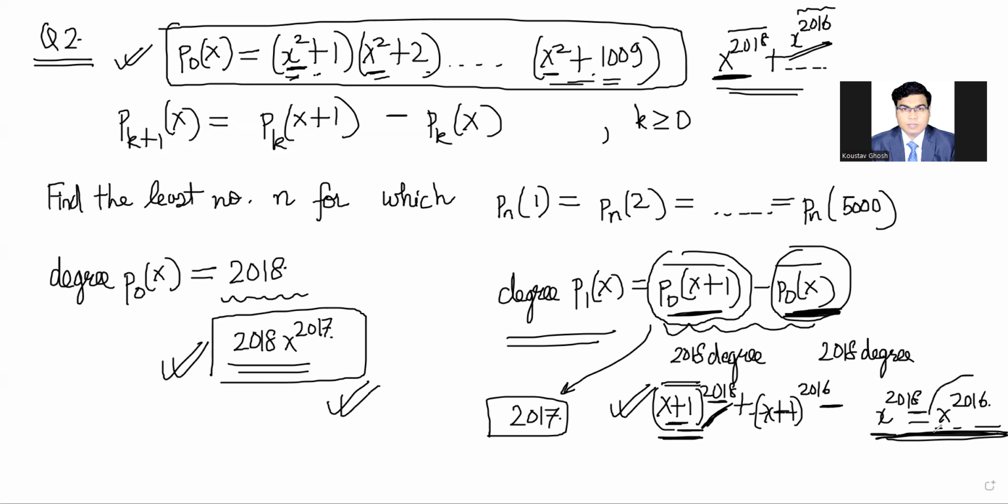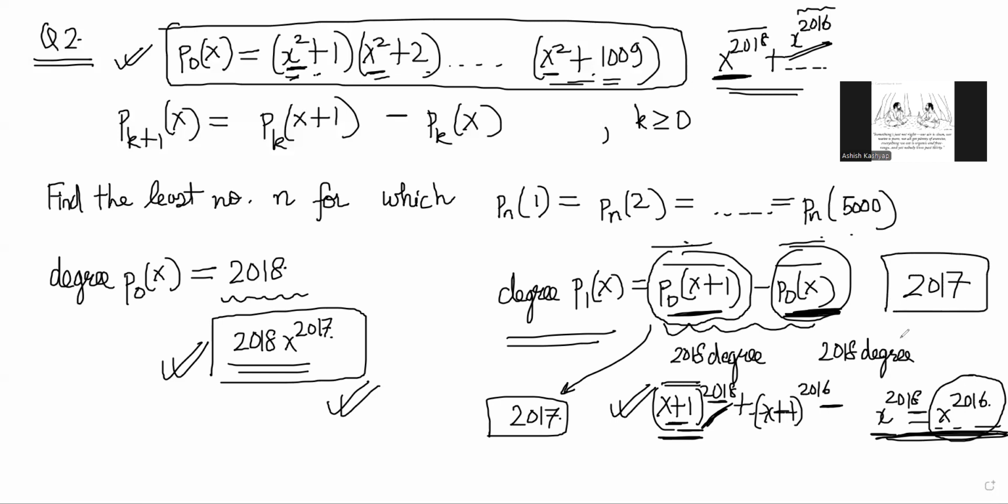But it is not being subtracted, right? There is no term like that in the second one. So what I am concluding is that when you subtract the two polynomials, the result will be a degree 2017 polynomial. Are you understanding what I'm saying? Yes, sir.